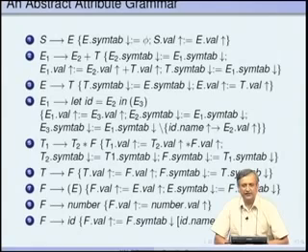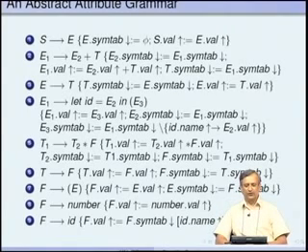So, the rule corresponding to the production S going to E is very simple. It initializes the symbol table to a null symbol table, and it says whatever expression is produced by E is the value produced by S as well, S dot val equal to E dot val.